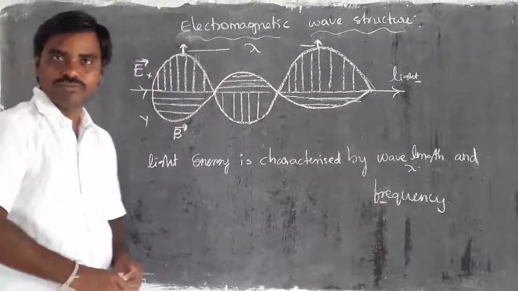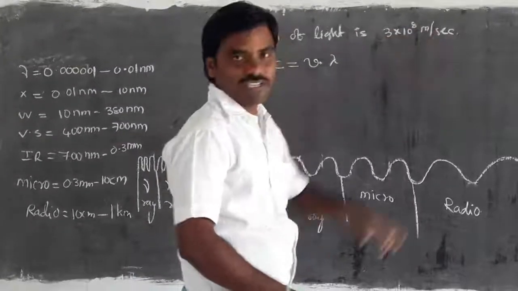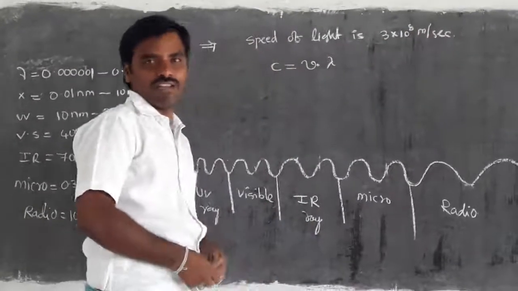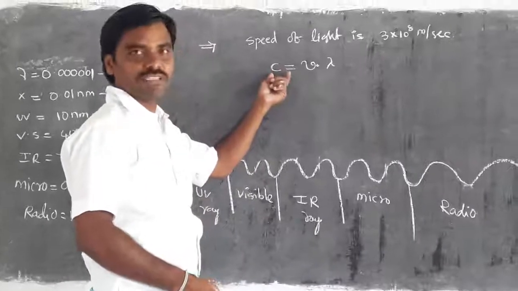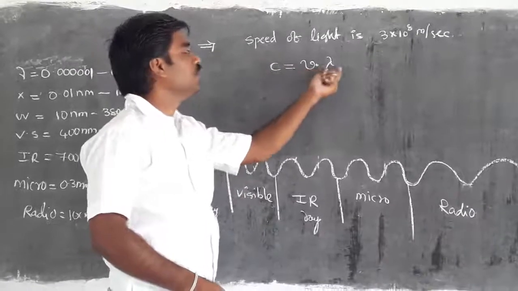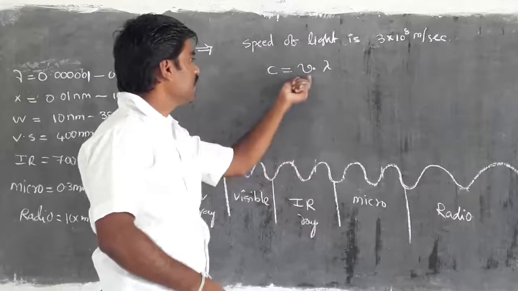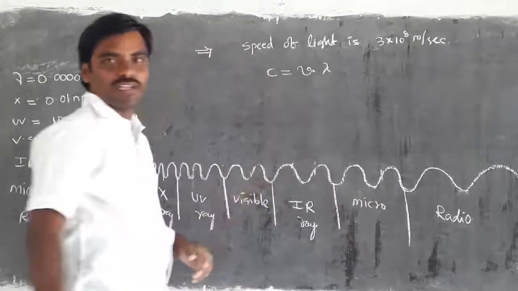Understood? The speed of light is 3 into 10 power 8 meters per second in vacuum and in air. Both values are the same. We can simply express it in the formula: speed of light c is equal to nu into lambda, which means the product of frequency and wavelength is equal to the speed of light.